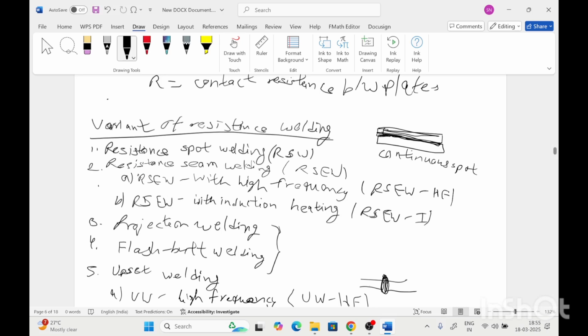So two types of resistance seam welding are there.